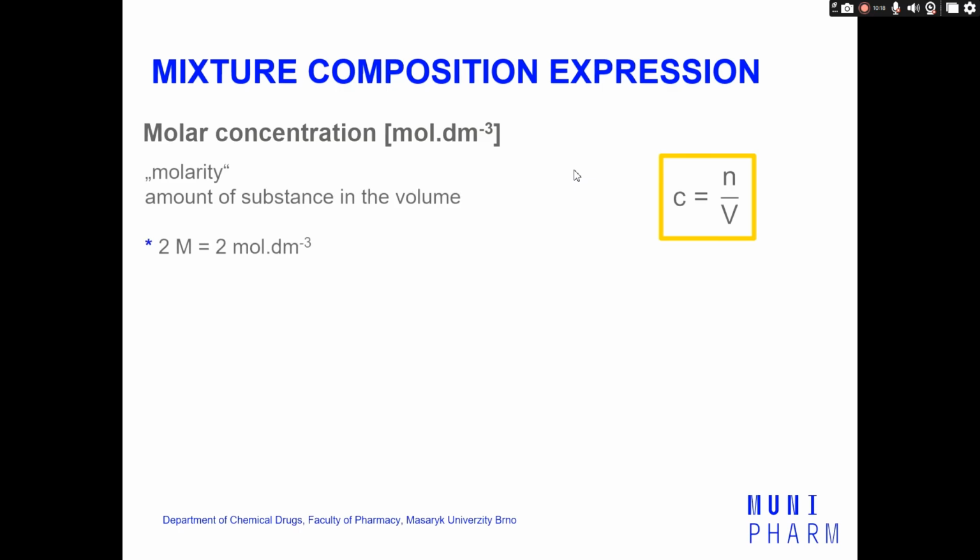This concentration is sometimes called molarity, and we can also meet it in this form. The unit is replaced by a capital letter M. Thus, 2M actually means a 2-molar solution. That means a solution with a molar concentration of 2 moles per cubic decimeter.